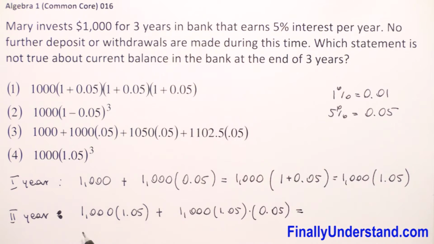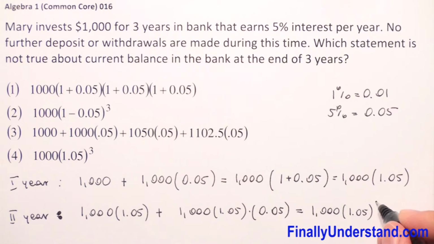So this is equal. We can factorize 1,000 times 1.05. So in brackets we can write what we have from the first expression, 1 plus 0.05. Close brackets.